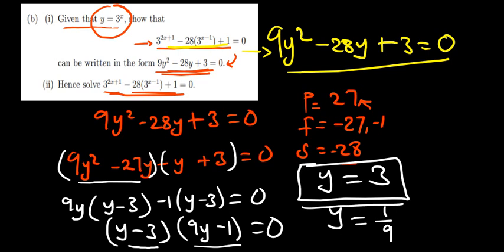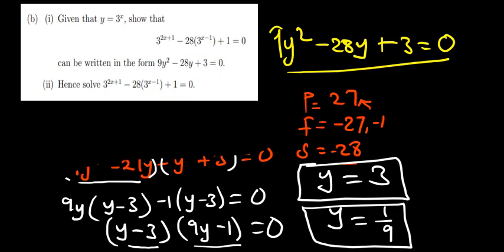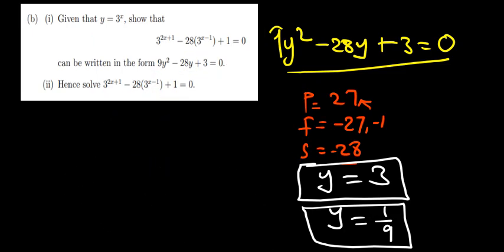That is my second answer. Once we have the values of y, we can use them to find the value of x, because we were given y in terms of x.